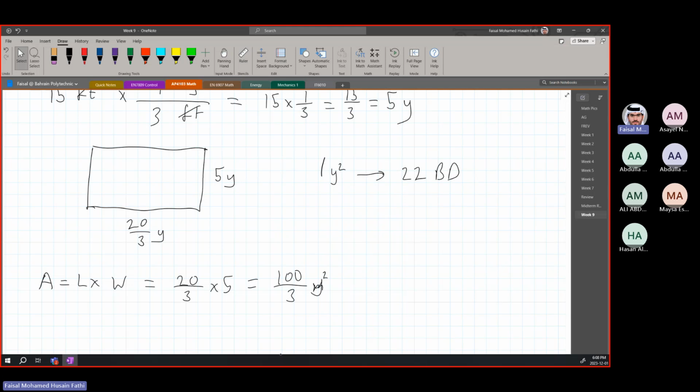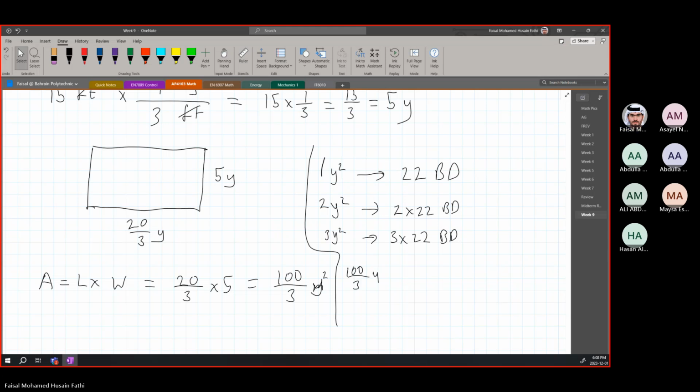Again, we know that 1 yard squared gives 22 BD. 2 yards squared will give how much? 2 times 22 BD. 3 yards squared will give 3 times 22 BD. Logically, 100 over 3 yards squared will give 100 over 3 times 22 BD.